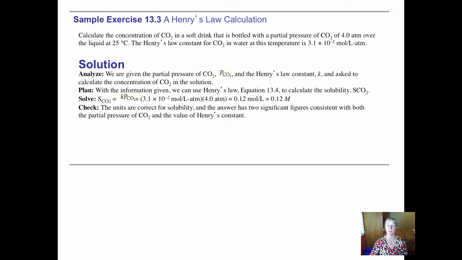That first atmosphere right here is in the denominator. This is in a numerator, and so those two atmospheres will cancel. Our answer will be given in moles per liter, which we know as molarity. And we went to 2 sig figs because there were 2 sig figs in each of the bits of data that were given to us in the question.